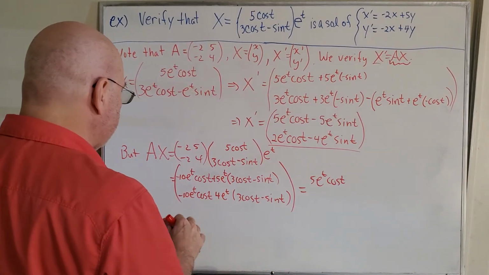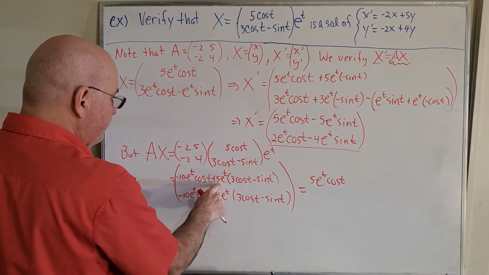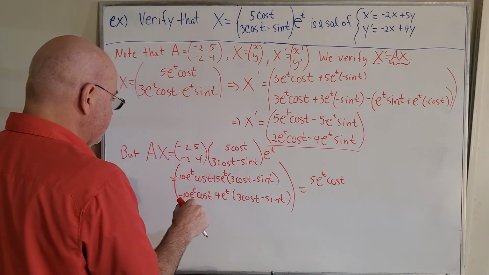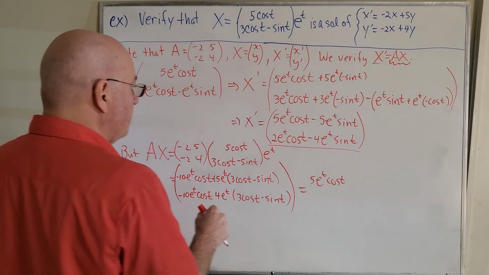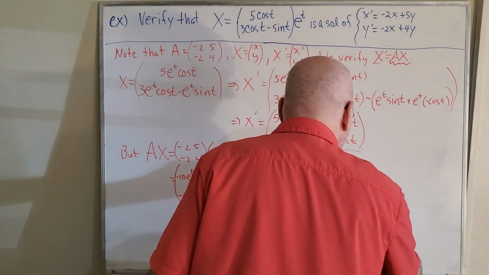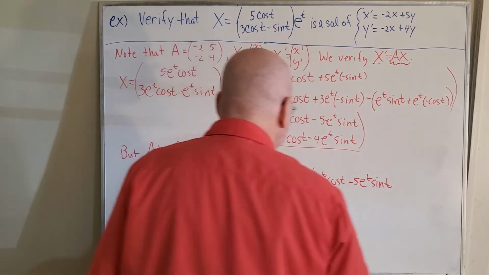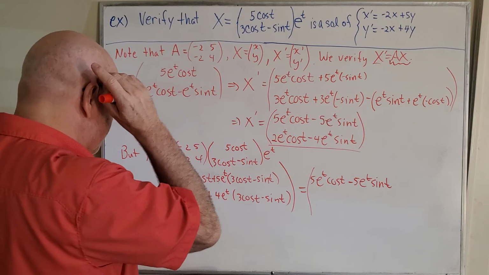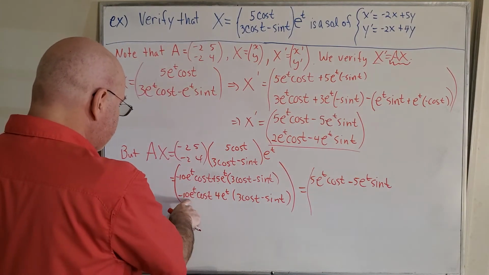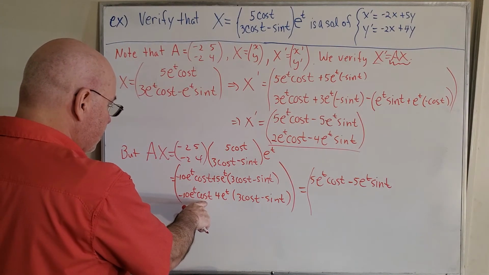Looks good so far. And this is a -5e to the t sin t, which we need. And then on the bottom, if we combine the cosines, I've got -10e to the t cos t.